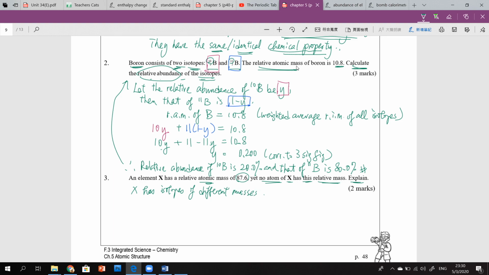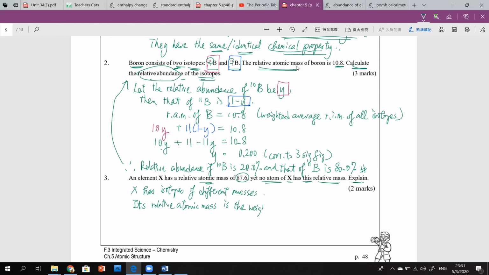They have isotopes with different masses, right? So you are going to tell me about relative atomic mass. How can you get this data? Yes, that's right.